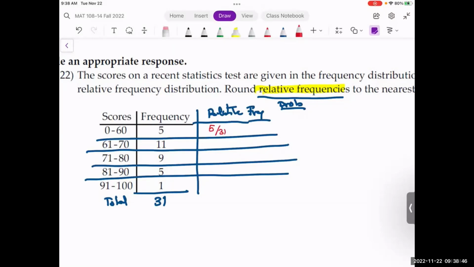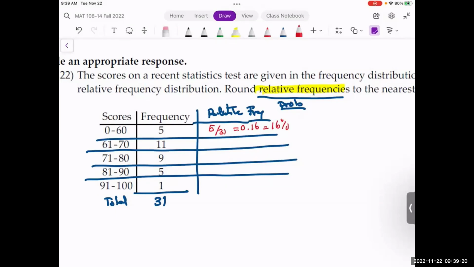All right, and then you turn it into a percentage, right? So can anybody get 5 over 31 for me? What's it going to be in decimal? 0.16. That's going to be 16%. Are we okay?